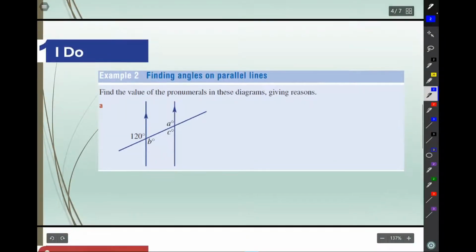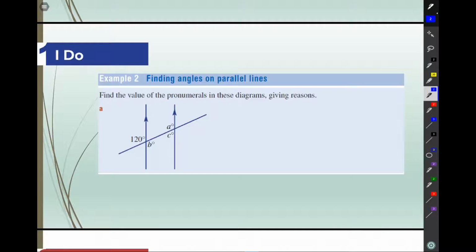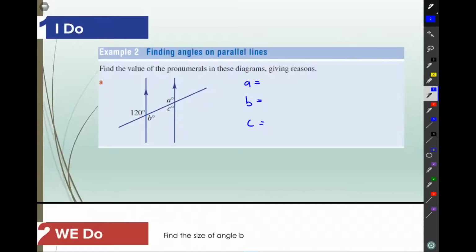Let's look at an example now. We're going to return to this example in every one of the videos we're going to be looking at, because to work out all these sets of angles, we're going to need to employ all of the things we're learning.